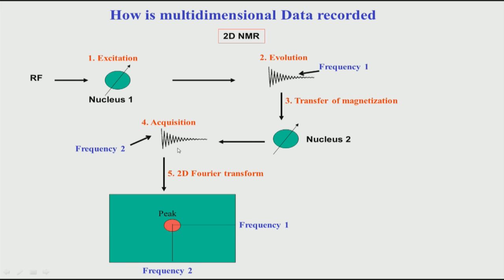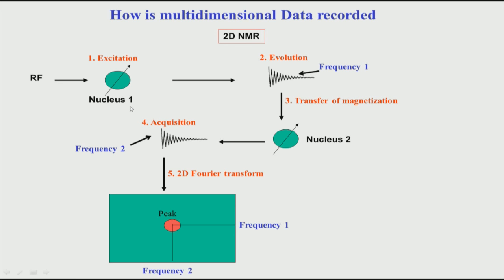Now, in 1D NMR, if you recollect, we had one time domain which was converted to one frequency domain. Now, in 2D NMR we have another time domain, which is plotted along the y axis, and that has a frequency also, because every FID is basically an oscillation, which is again a frequency component, and that frequency is along this axis.